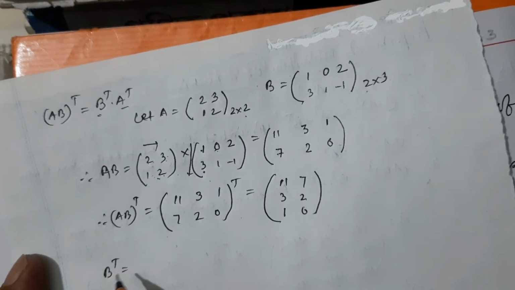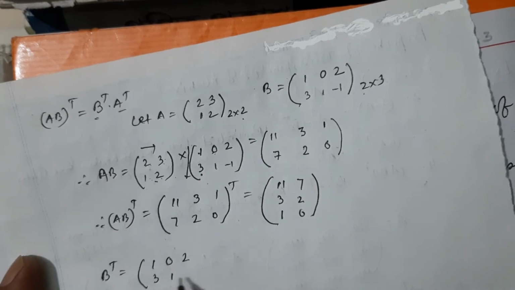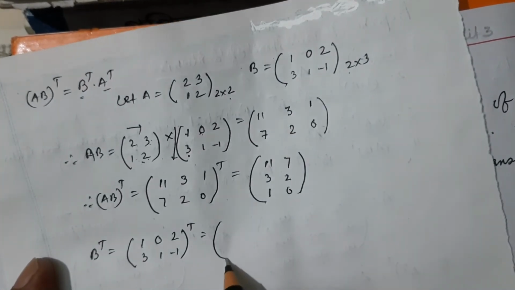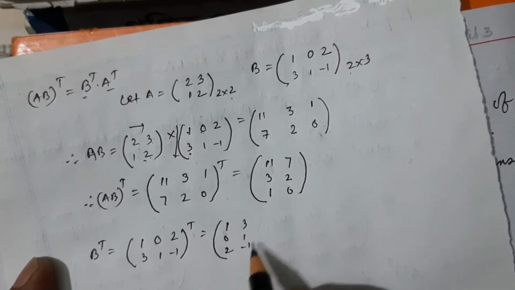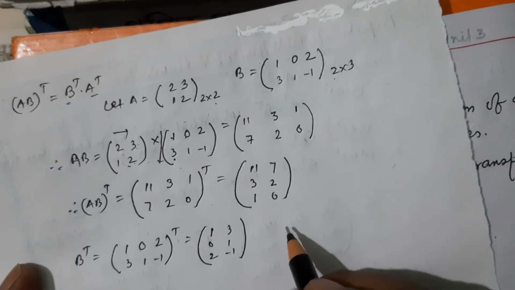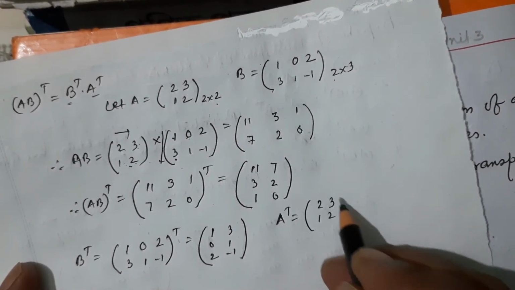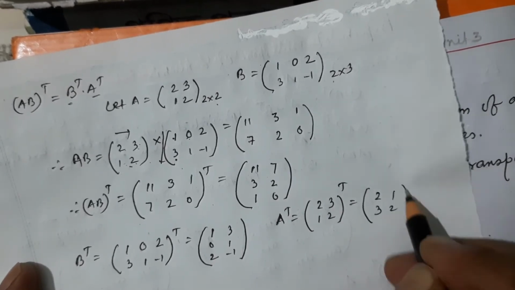Therefore B transpose is equal to [1 0 2; 3 1 -1]. A whole transpose is equal to row written as column. A transpose is equal to [2 3; 1 2].